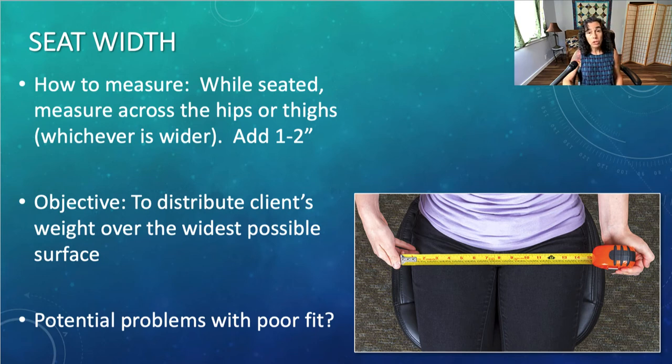If the chair is too wide, we might wind up with instability in sitting, right? So they're not supported enough. Difficulty with propulsion because they're having to move their arms really far out, or difficulty with architectural barriers. So if that wheelchair is super wide, it may not make it in small, confined indoor spaces.